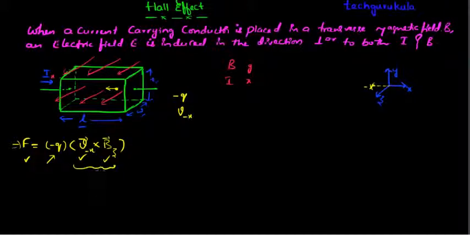This will be Y direction. Now you have a negative sign here coming from the charge of the electron, so the overall force will be acting in negative Y direction. So this electron will be pushed towards the bottom face of this material.